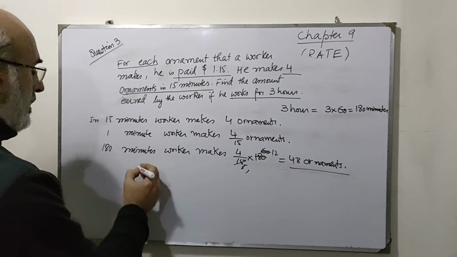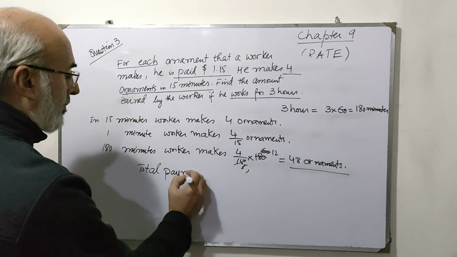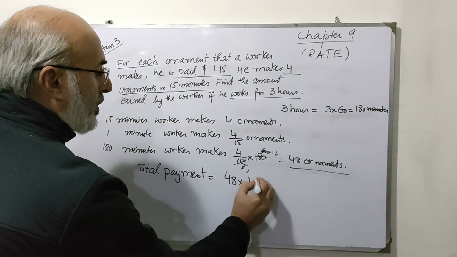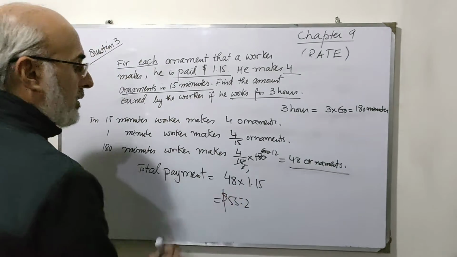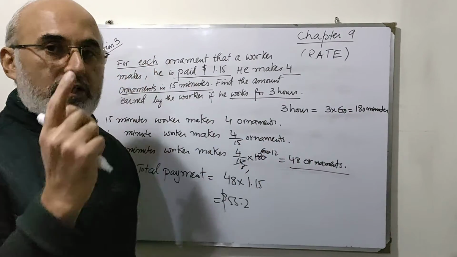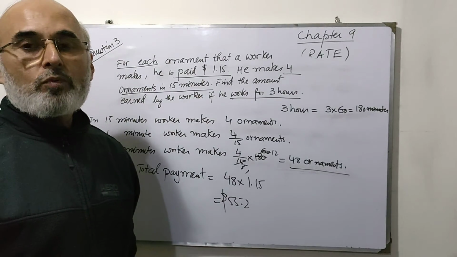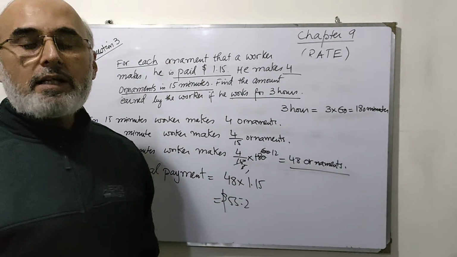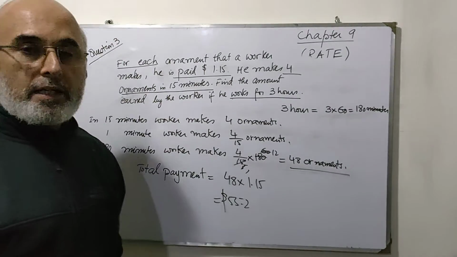It's going to be 48 into 1.15, which is $55.2. If he works for 180 minutes, he can make 48 ornaments, and for one ornament he is paid $1.15, and we'll multiply with 48 and we'll get the total payment he's going to get. Okay, I hope it's clear.